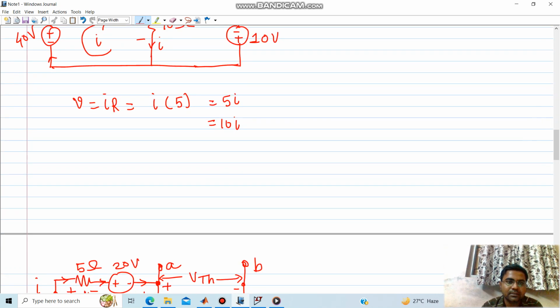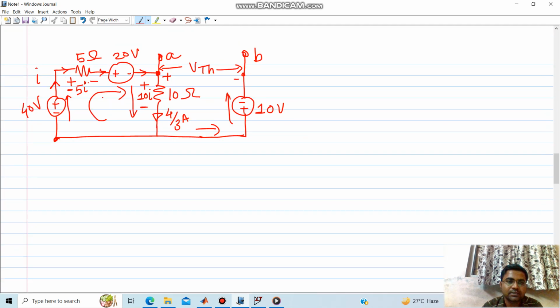So I can assign these voltage drops as 5I and 10I. Then I need to write the equation using Kirchhoff's voltage law. If I start from this point, minus to plus, my voltage will increase, so plus 40. Plus to minus means a reduction, so minus 5I. Plus to minus, minus 20, and plus to minus again, so minus 10I is equal to 0.